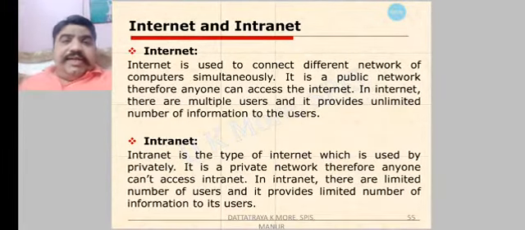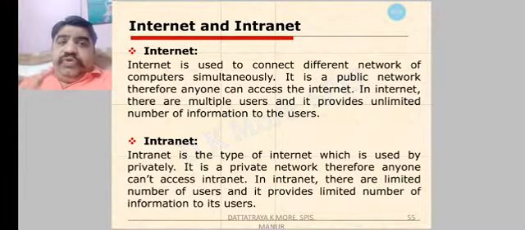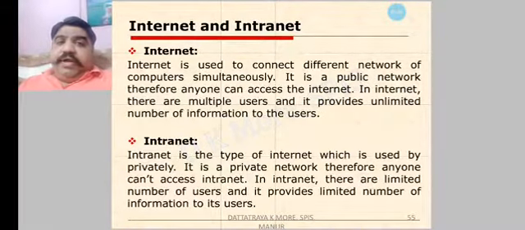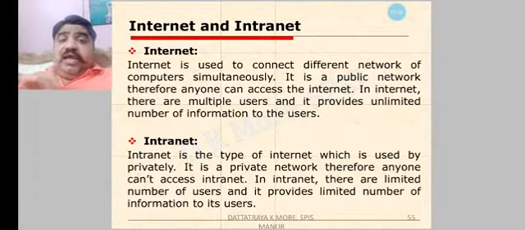Let us see the second term, intranet. So intranet is a type of internet which is used privately. Internet can be used publicly, but intranet is used privately. It is a private network, therefore anyone can't access this intranet.